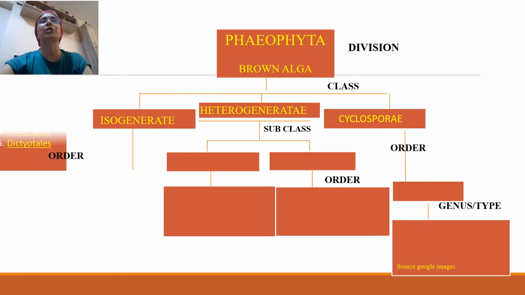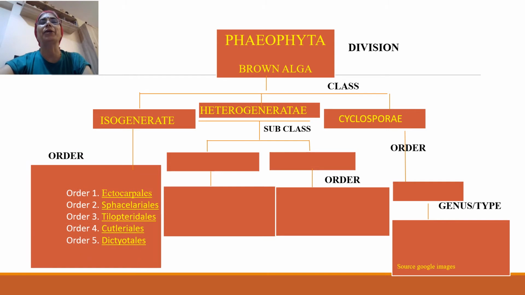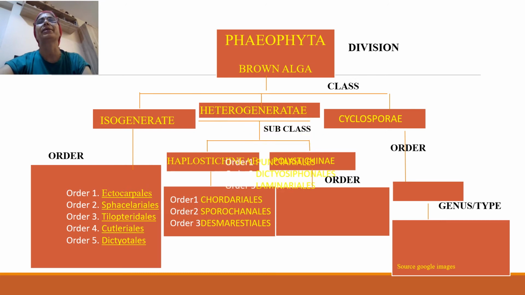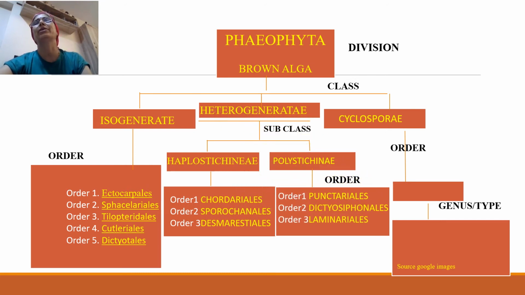He divided Isogeneratae into 5 orders. Heterogeneratae is further subdivided into subclasses Haplostichineae and Polystichineae. Haplostichineae is further divided into 3 orders, and Polystichineae also into 3 orders. But we are not going to study Isogeneratae and Heterogeneratae because the type we have to study belongs to class Cyclosporae, division Phaeophyta, and order is Fucales.